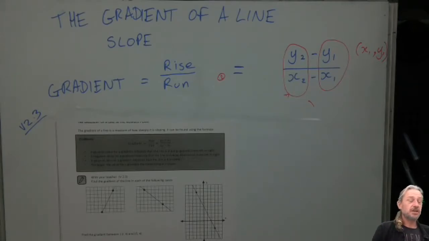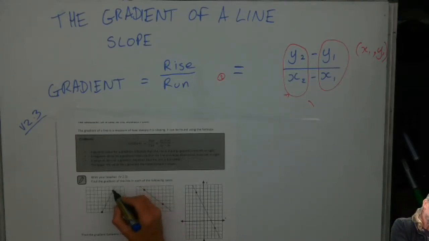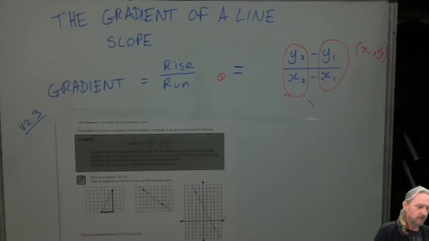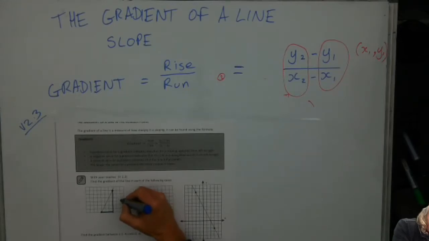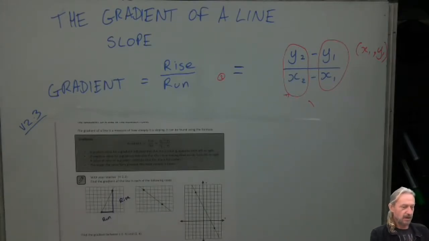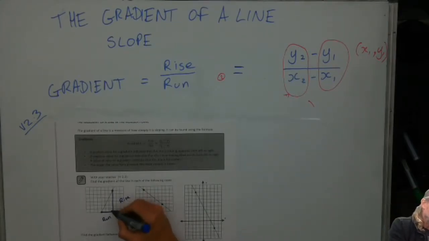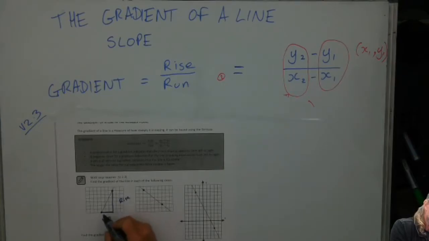What we're essentially doing is, between these 2 points, we are making a triangle, and we're just counting the rise over run. So in this example, the run is 1, 2, 3.